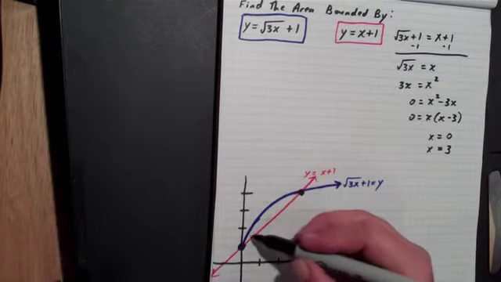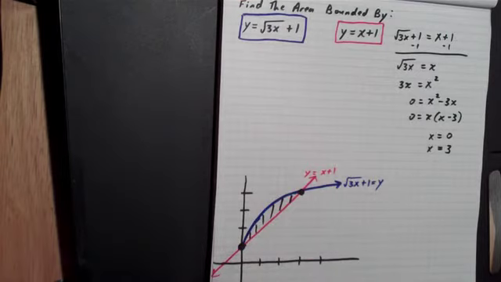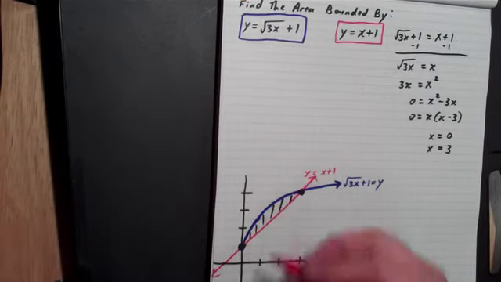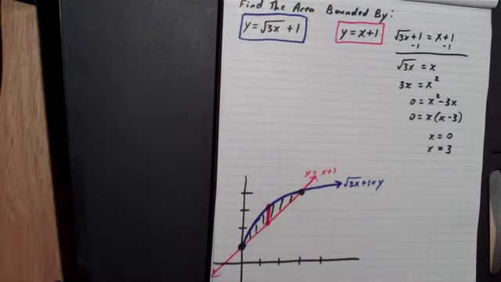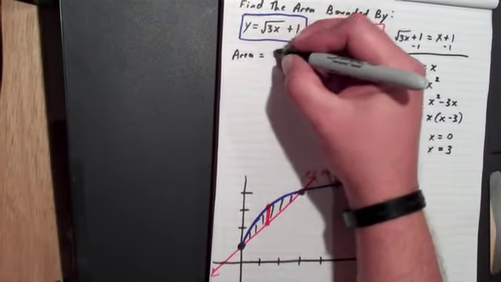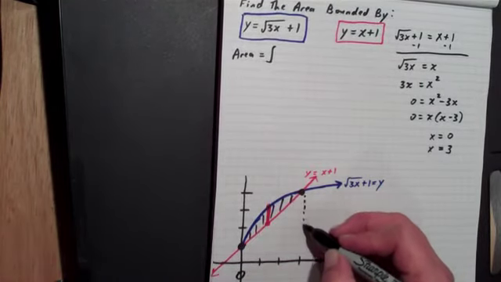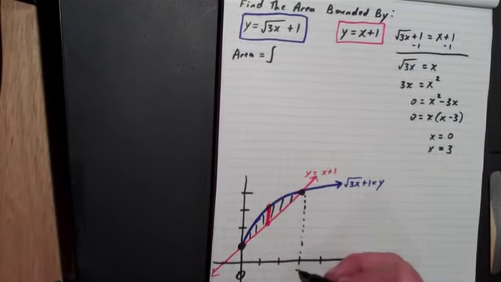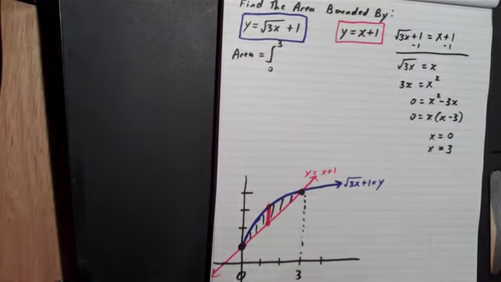Now to find the area between these curves, this shaded region, I always recommend you draw a sample rectangle. So I'm going to draw a vertical rectangle just so I can determine which curve's on top. You could probably see in this case that the parabola is on top. So when I find the area, that's going to equal the integral, in this case, from 0 to 3 on the x-axis. So I'm going to integrate 0 to 3 of the top curve.